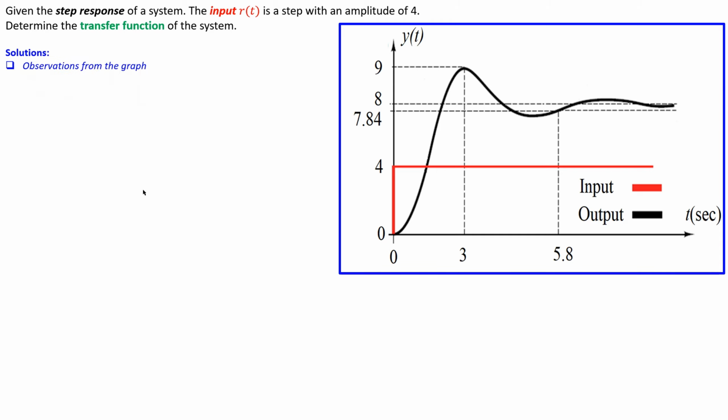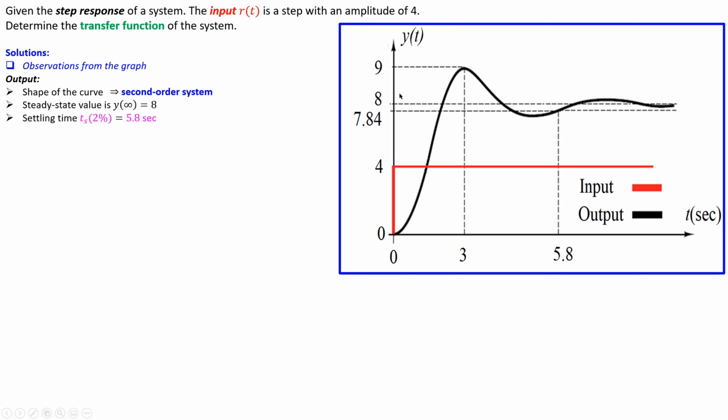If I look at the plot, this 8 is our steady state value, and the settling time with a 2% criterion is determined by having an error region around this value of 8. So you can go up by 2% and go down by 2%. When the response reaches that region and stays in that region, that is the settling time of your system.